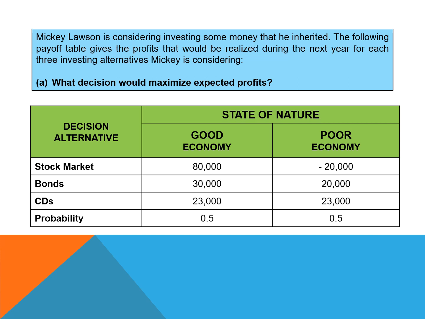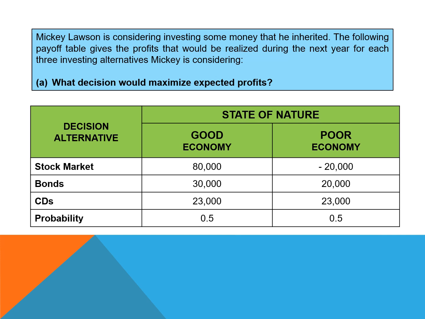In this table, merong nakapresent na three decision alternatives, namely whether to invest in the stock market or sa bonds or sa CDs. And each of these alternatives ay mayroong dalawang outcomes, whether pag maganda yung ekonomiya or hindi maganda yung ekonomiya. So the question, what decision would maximize expected profits?